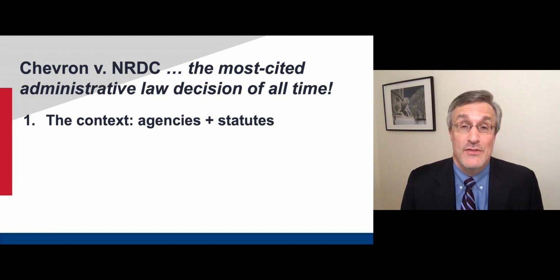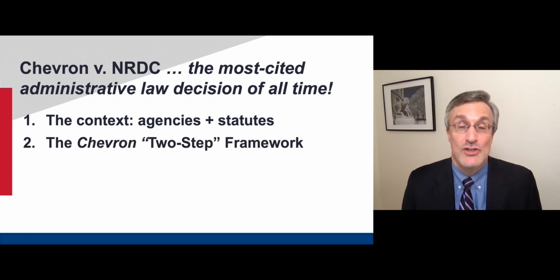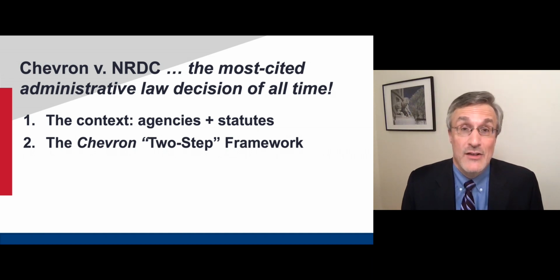And it turns out that courts often have to come into the picture and solve disputes over the meaning of those statutes. And when those disputes over the meaning of statutes governing administrative agencies come about, that's when the Chevron decision becomes relevant.